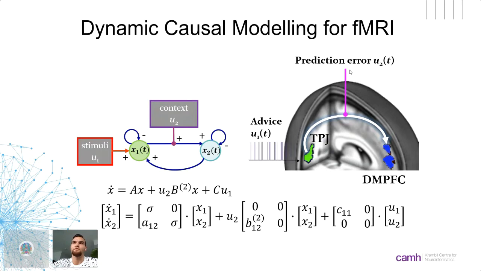Particularly as it relates to the prediction error, we have this parameter here that encodes the forward connection from x1 to x2. For the driving input, we have the C parameter here that only takes into account the U1 part of the input, so the advice itself. So that's our equation for this model.